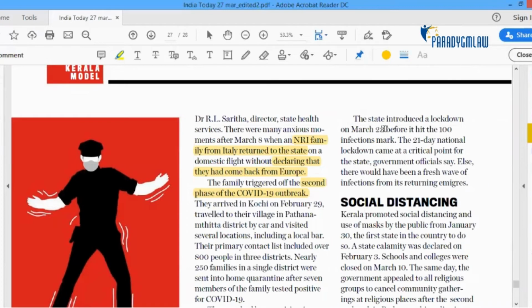Before the general lockdown was announced for the rest of India, Kerala state had announced one day prior, and they did it on March 23rd. It was a 21-day national lockdown that came into force after that point.